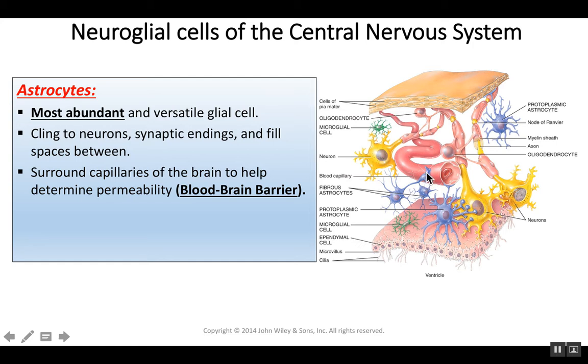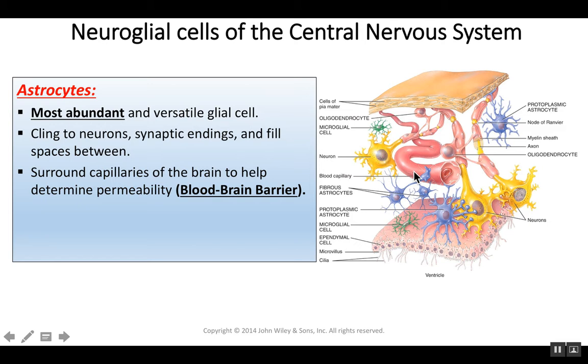These are known as perivascular feet. They have little feet that surround the blood vessel. And what these perivascular feet do is they determine the permeability of this capillary, and we call that the blood-brain barrier.